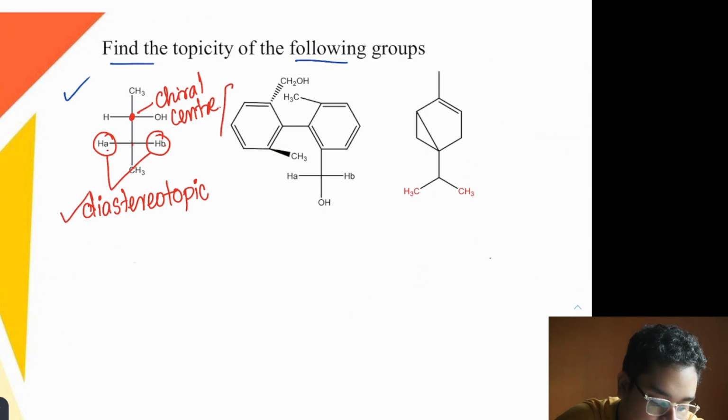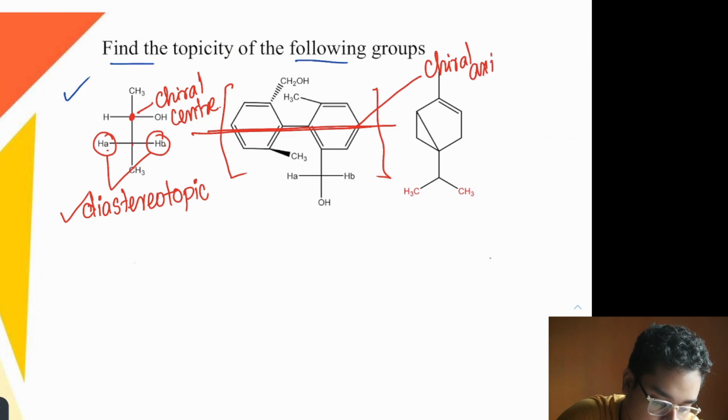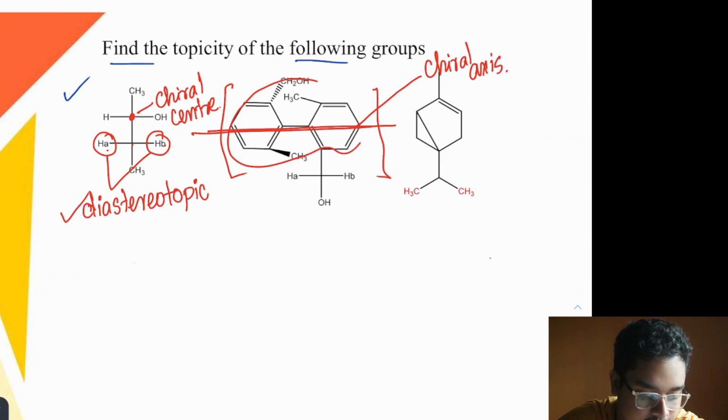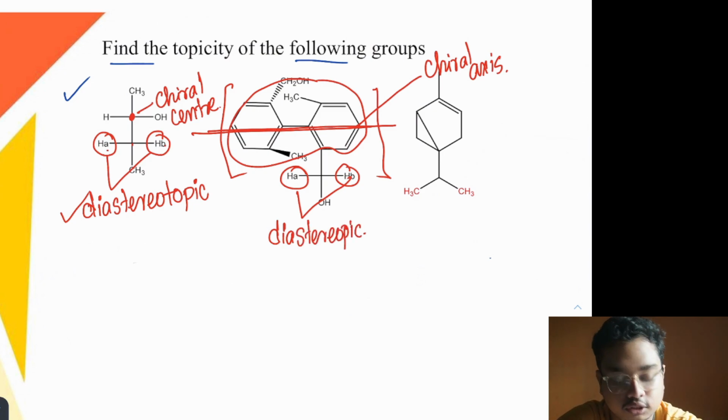Now, if we look at this particular compound, this already has a chiral axis, that means a chiral center is there. So here this HA and HB are also diastereotopic. Since a chiral center is already present, the adjacent groups will be diastereotopic in nature.